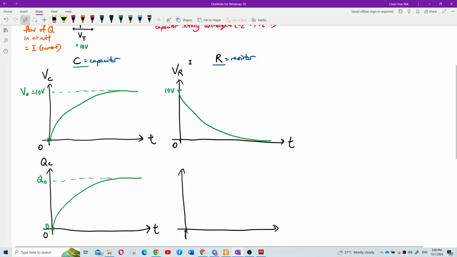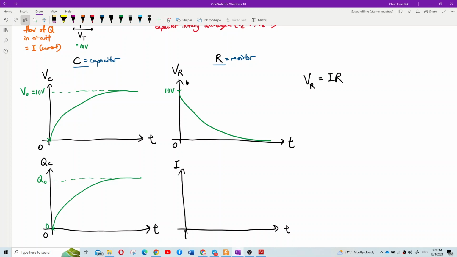You know why I teach you about resistor? Because the voltage across resistor is corresponding to the current in the circuit. Pernah tengok formula ini, VR equal to IR, Ohm's law?